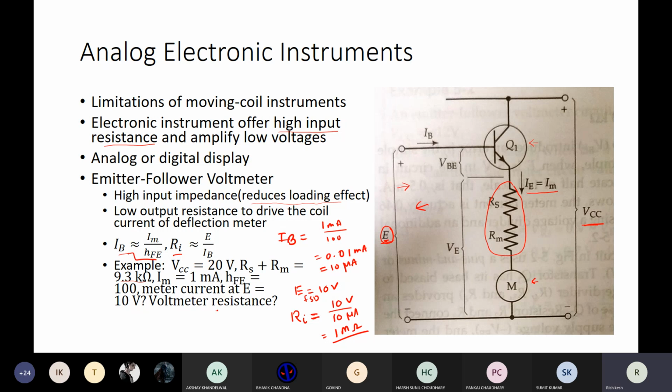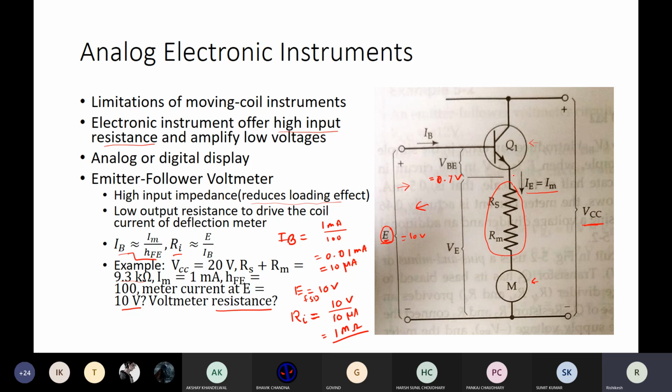So we have calculated the load resistance, right? And how much is the meter current when 10 volts is applied here? We have also calculated that if this is 10 volts, when the transistor is conducting, the voltage drop across the base to emitter junction is around 0.7 volts.